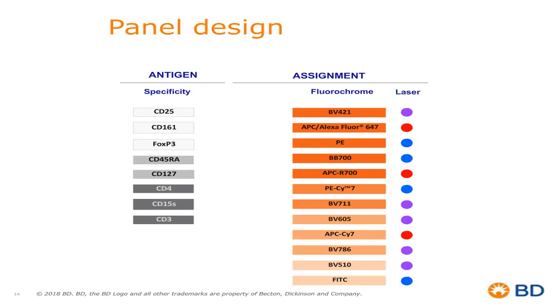Off the violet laser, I know that BV421 is a base, and BV510 is a base, and I have 3 tandems. I have BV605, BV711, and BV786. So let's save those for my drop-ins. I also have the red laser. With the red laser, we have APC, which is a base, and I have 2 tandems, APC-R700 and APC-Cy7, or APC-H7.